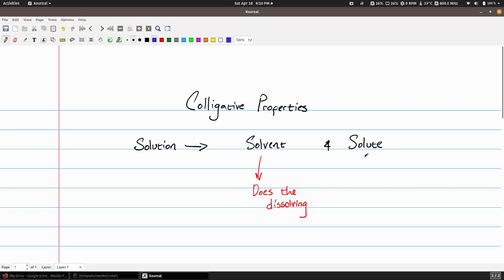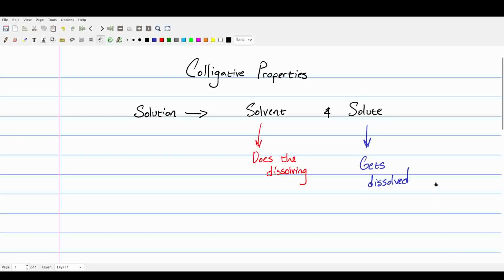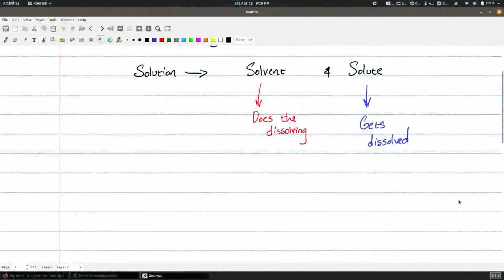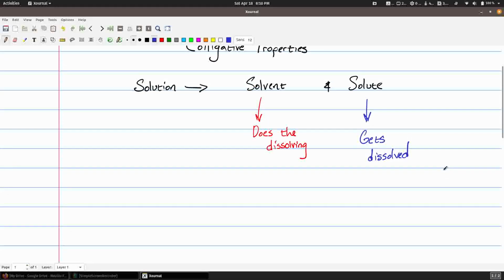Your solute gets dissolved. So we have these two terms. You need to be familiar with them. We've been going over this since Unit 1.